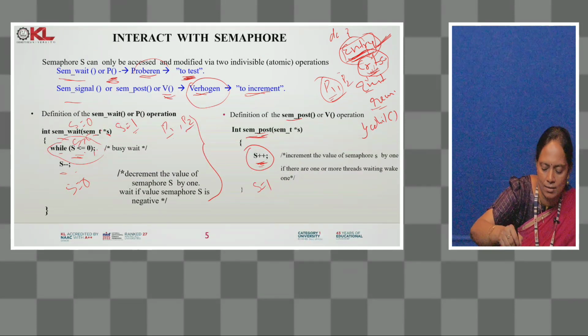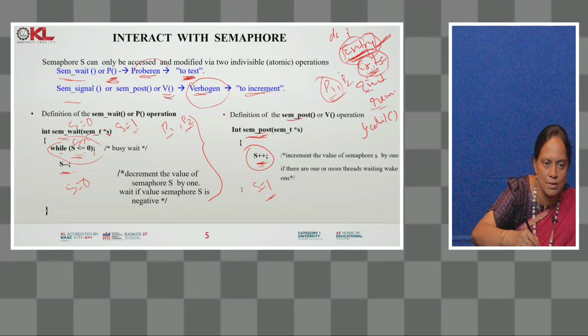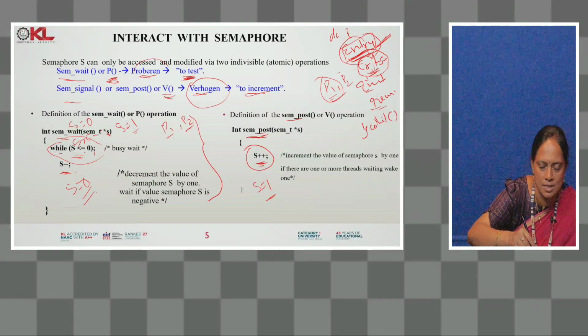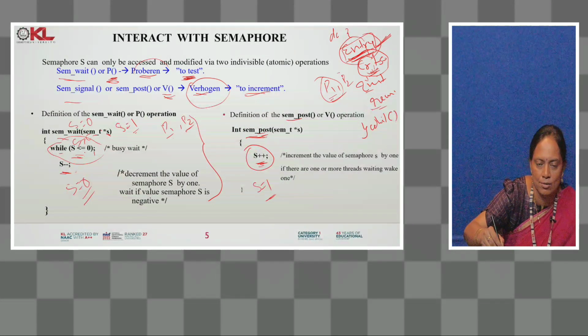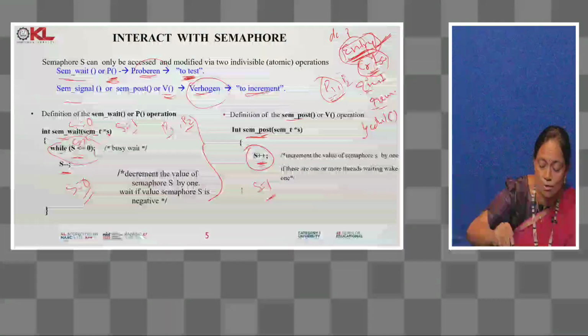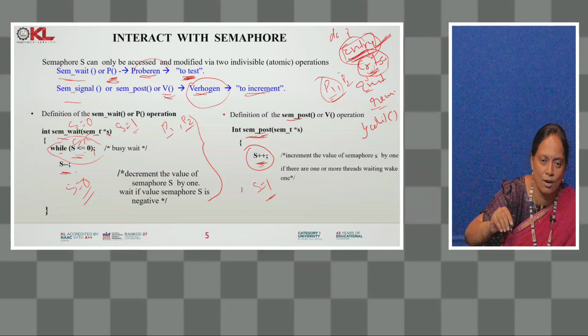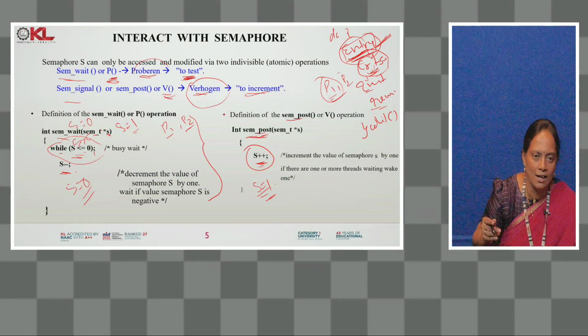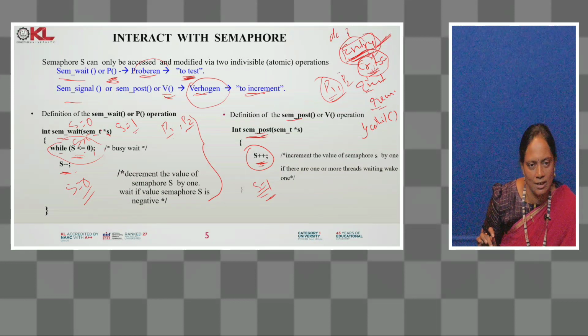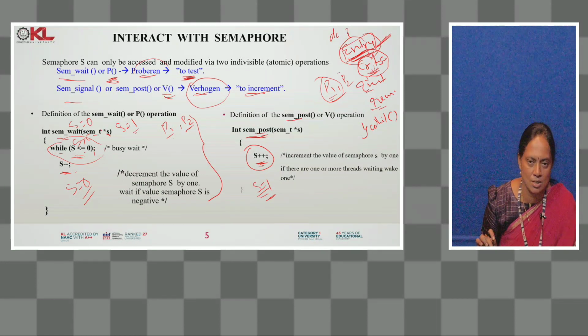S is 1, so S is decremented again and becomes 0. That means process P2 executes its critical section. After completion, process P2 executes sem post, or sem signal, so any other process is able to access the critical section. Like that, the binary semaphore works with the sem wait and sem post operations.